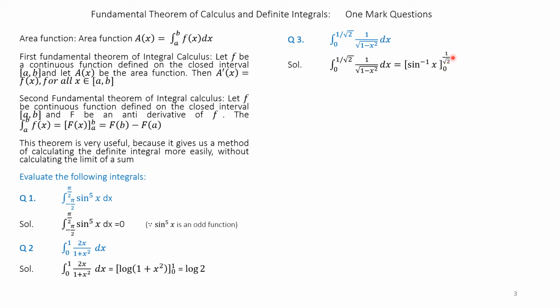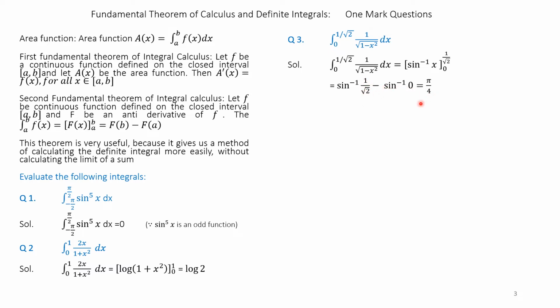We know from the standard formula that the integral of 1 by square root of 1 minus x square is sine inverse x. Therefore, we have sine inverse x from 0 to 1 by root 2. Put the upper limit first: sine inverse of 1 by root 2 minus sine inverse of 0. We know sine inverse of 0 is 0 and sine inverse of 1 by root 2 is pi by 4.